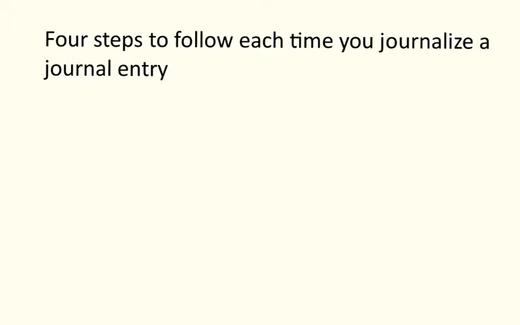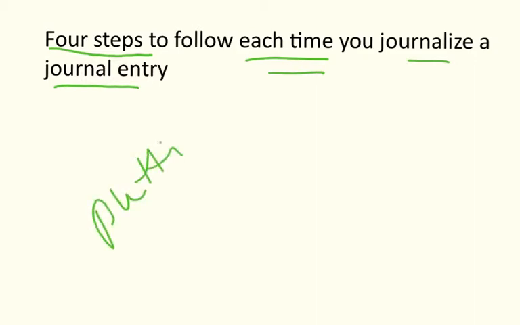Now, when we're doing journal entries, there are 4 steps that we must follow each time that you journalize, which means you are putting a business transaction in a journal.